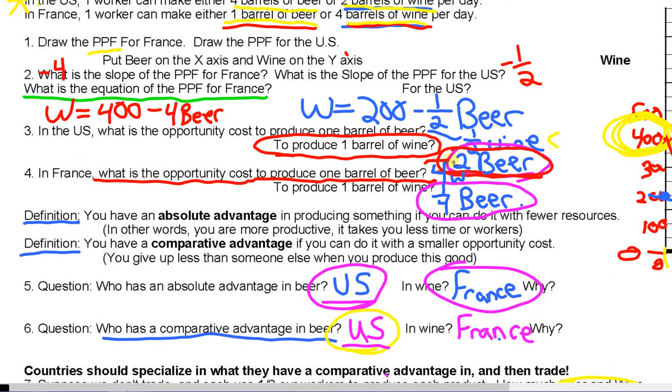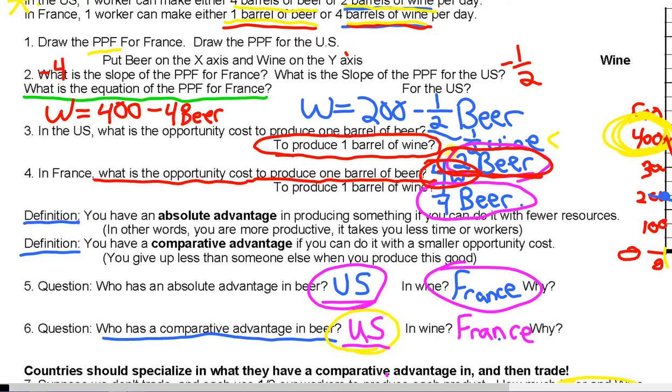Well, they would have to give up 4 barrels of wine. So how much could the United States charge them for beer? Well, they couldn't charge them 5 barrels of wine to trade for 1 barrel of beer, but they could charge 3 barrels of wine, or 2 barrels of wine, or 1 barrel of wine for a beer.